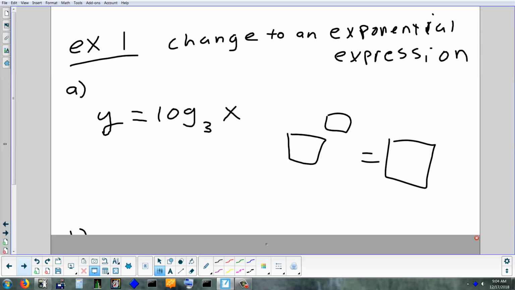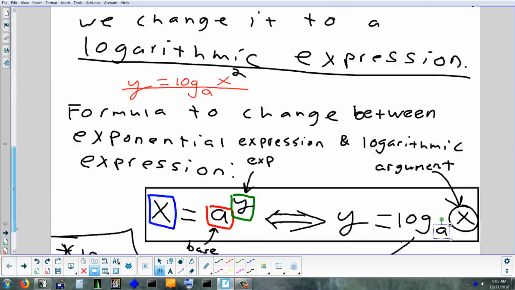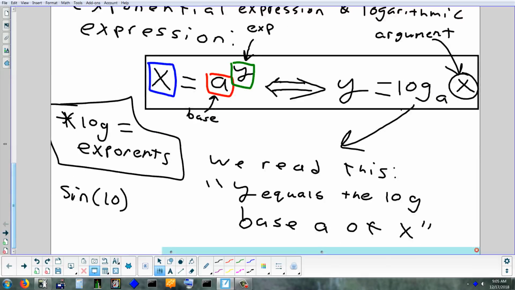When we rewrite it, remember the base is always the thing that's going to have an exponent on it. That's what makes it a base. So 3 is going to be my base. What's going to be my exponent? It's going to be y. Remember when I wrote this? Log equals exponent.